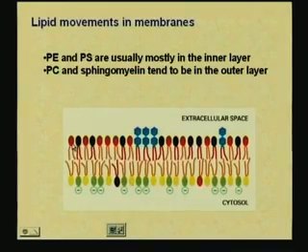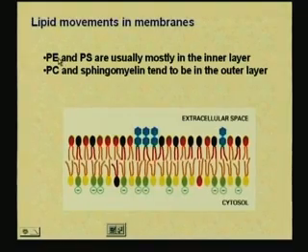Now, that means what do we have? We have different polar head groups. The green, the yellow, the blue and the black are the different polar head groups, and the chains are also going to be different depending on the type of fatty acid that we have.